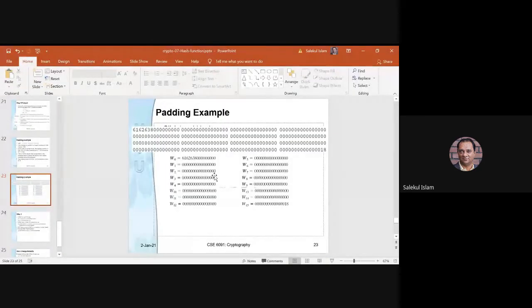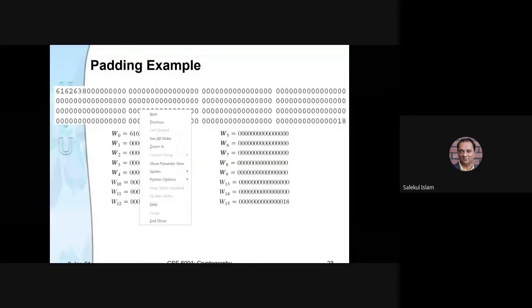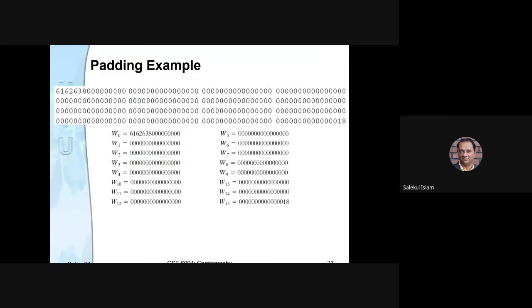Let me draw something. Say the consideration is I have a message M, and with this message I am also sending the hash of the message.